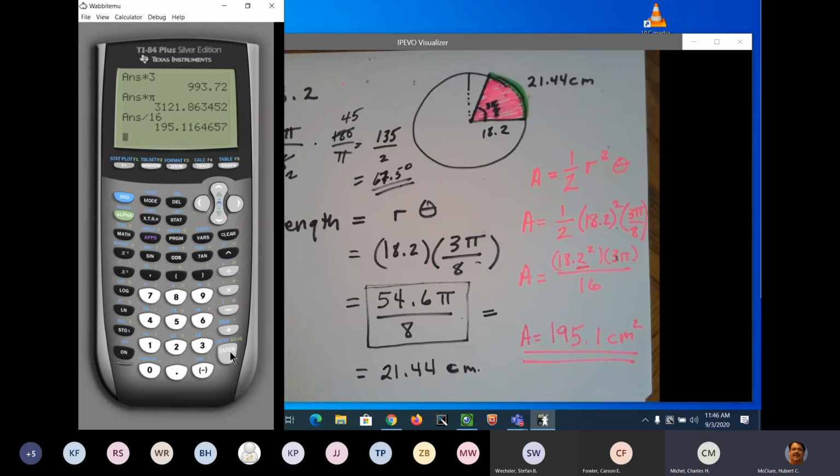Can you explain how you did the second step of that equation? The second step right here? No, below that. How you got to that? I did 18.2, caret symbol, second power, times 3.